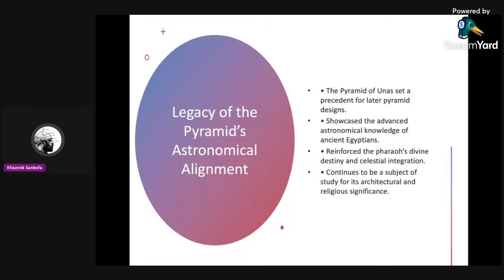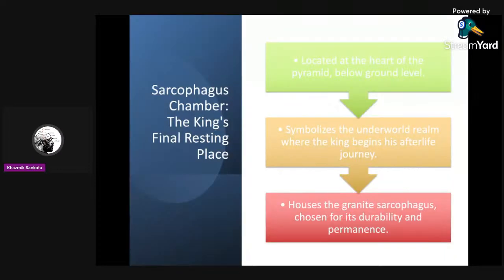What you have in the coffin texts is a specific way in which they're outlining their belief system, but it's not solely associated or relegated to the coffin or funerary texts, right? So the sarcophagus chamber symbolizes the underworld, where the king begins his afterlife journey, and houses the granite sarcophagus, chosen for its durability and its permanence.